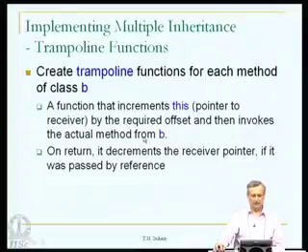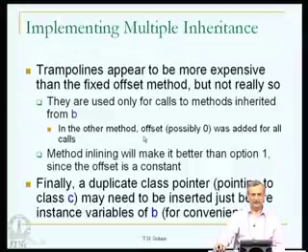Now, you may wonder whether this is efficient at all. Trampolines appear to be more expensive than the fixed offset method. Is that so? Not really. They are used only for calls to methods inherited from B, whereas in the fixed offset method, the offset, possibly 0, was added for all calls, whether from A or from C; you added a 0 and that instruction was executed anyway.